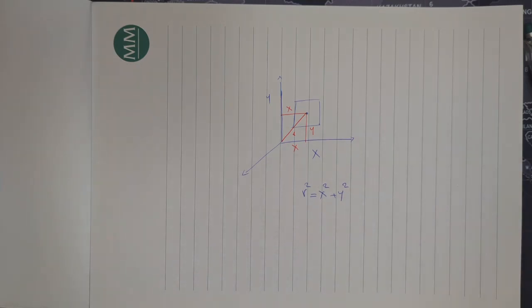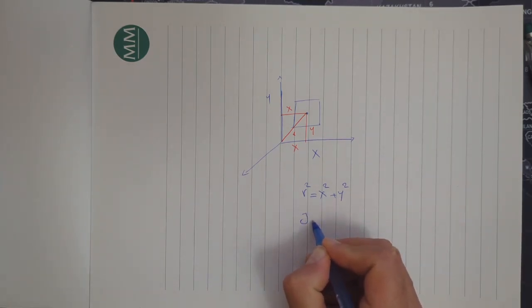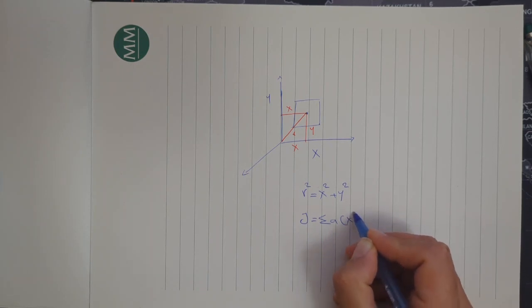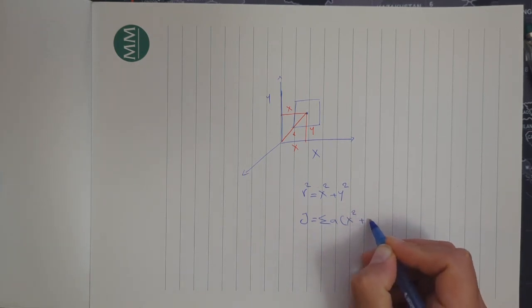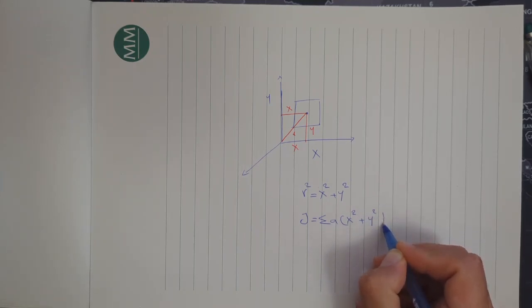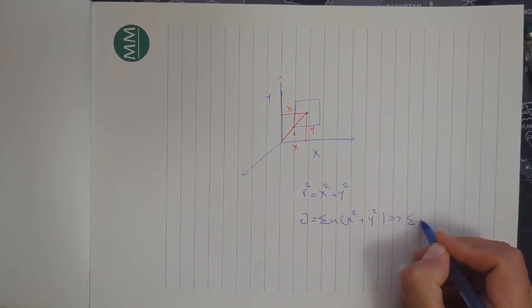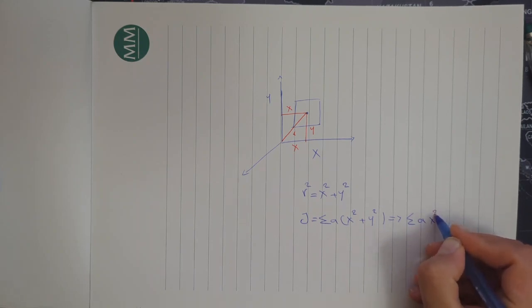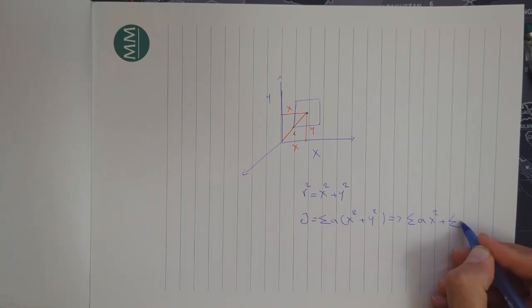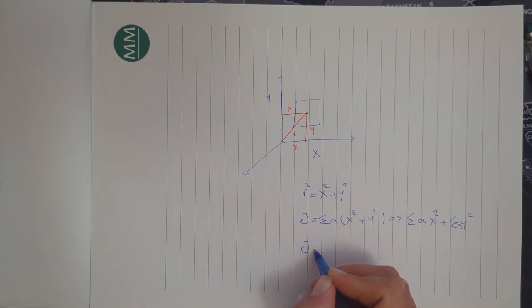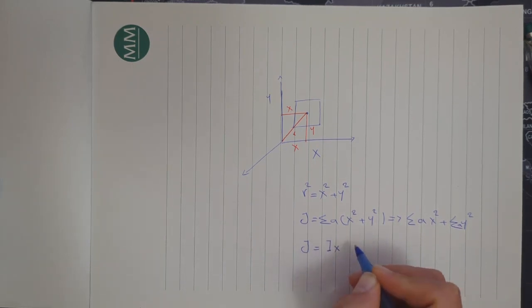And J is our polar moment of inertia. J equals the sum of A times (x squared plus y squared), or we can say the sum of Ax² plus the sum of Ay², and total J equals Ix plus Iy.